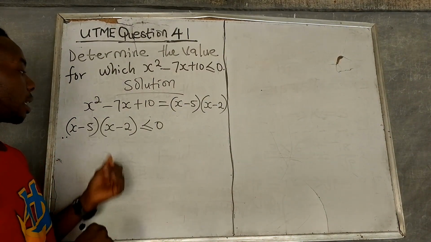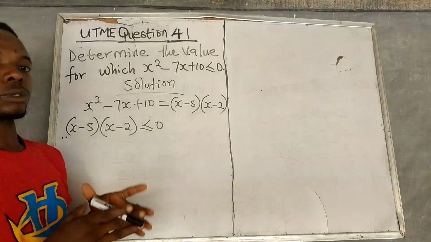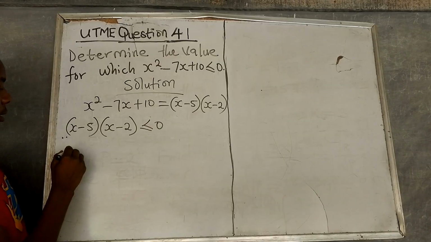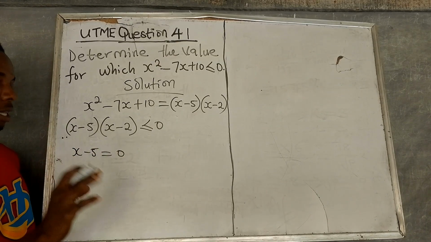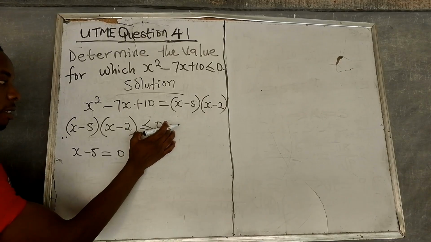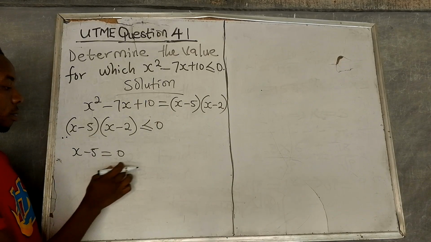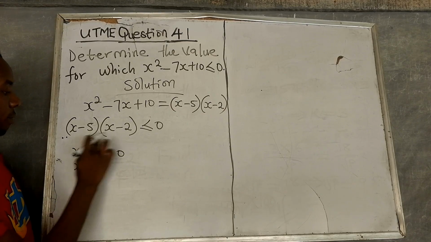You remember a quadratic question always has two values, right? Since this is less than or equal to 0, let me just say x minus 5 is equal to 0. Let me just use the equal sign, leaving the inequality aside first. Since x minus 5 is equal to 0, x will be equal to 5, as the 5 moves to this side.